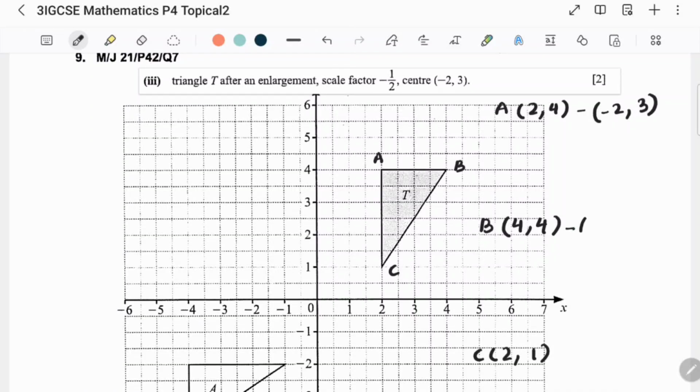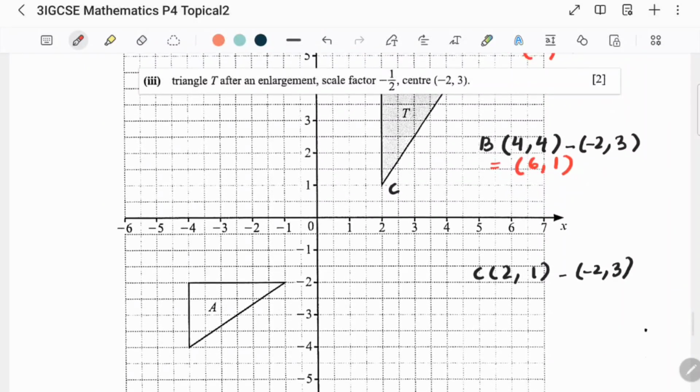So that is minus minus 2, 3. Minus 2 will become plus 2 because these two minuses become plus, remember. So 2 plus 2 will become 4, and 4 minus 3, because 3 is positive, will become 1. The other one, 4 plus 2 will become 6, and 4 minus 3 will become 1.